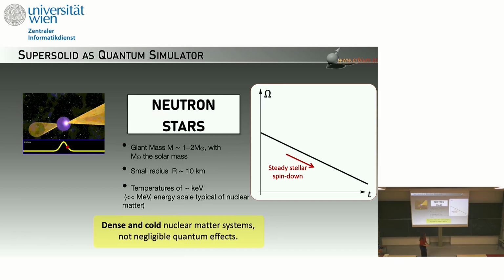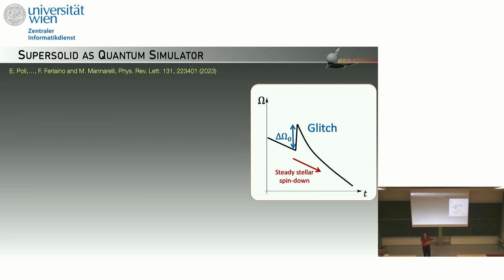But, and this is really the interesting part of this story, sometimes, and nobody really knows completely why, the rotation frequency of the neutron star spins up, and it gets glitches.